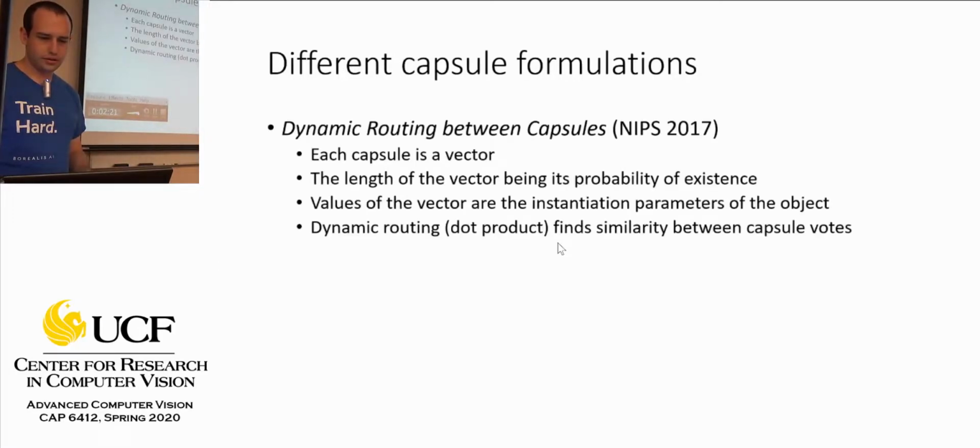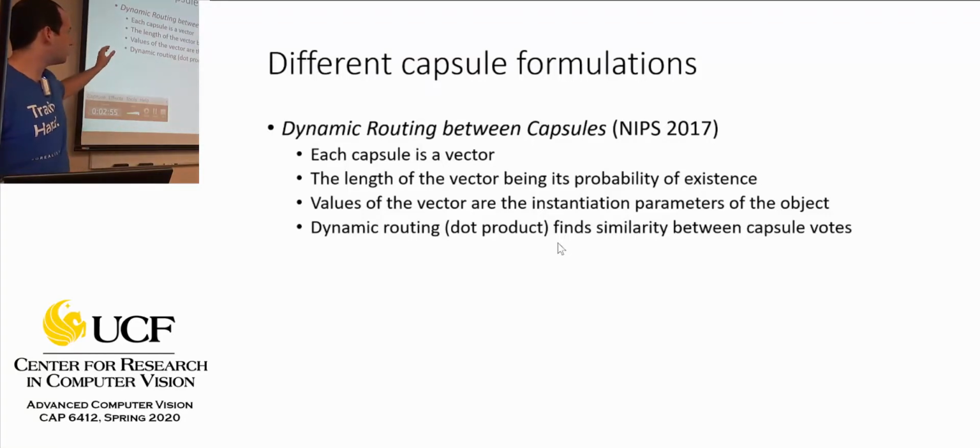The really foundational works for capsules recently have been two works from Geoffrey Hinton's lab. The first is Dynamic Routing Between Capsules, from NeurIPS 2017. In this paper, it's a relatively small network, but each capsule is a vector of different neurons, and the length of the vector represents the existence probability of the object which it models, and the values in the vector represent the different instantiation parameters.